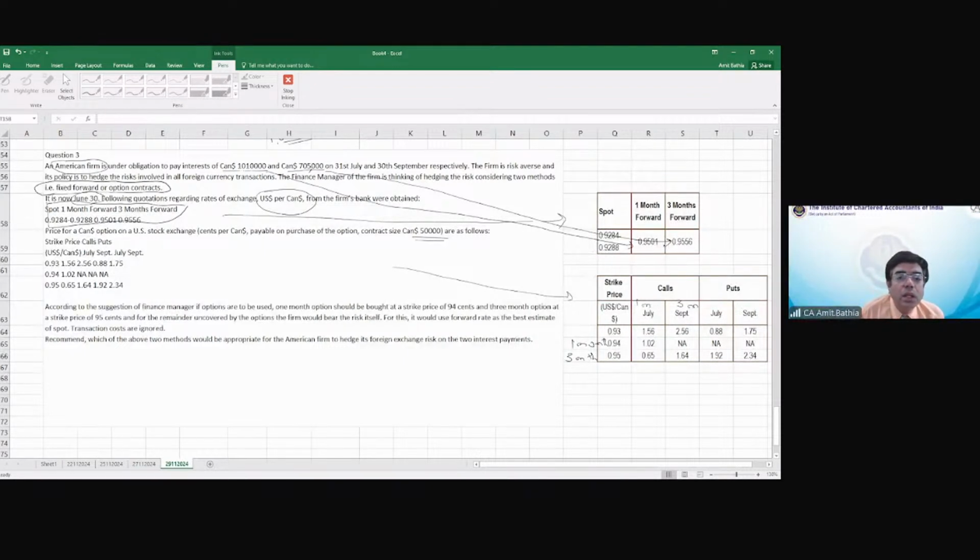Now comes the second part, which is options. So let us take the easier part first, that is the low-lying fruit for us, so we can easily get those marks. So here I will start calculating for forward cover. Let me use the Excel numbers itself.